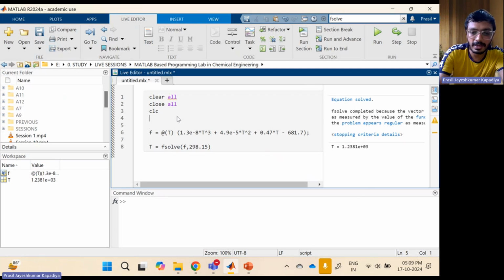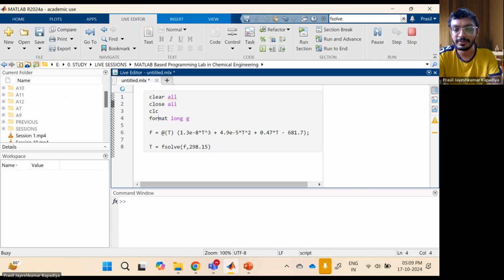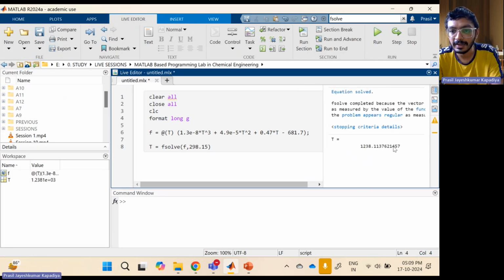If I keep format long G, we will get the whole value: 1238.1138 Kelvin. So this is how we can solve it using fsolve.